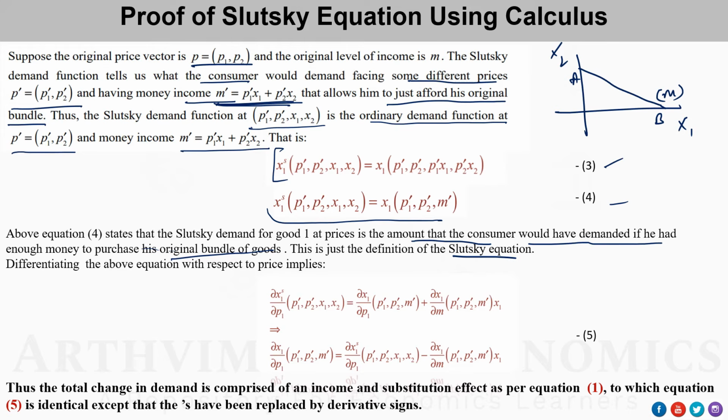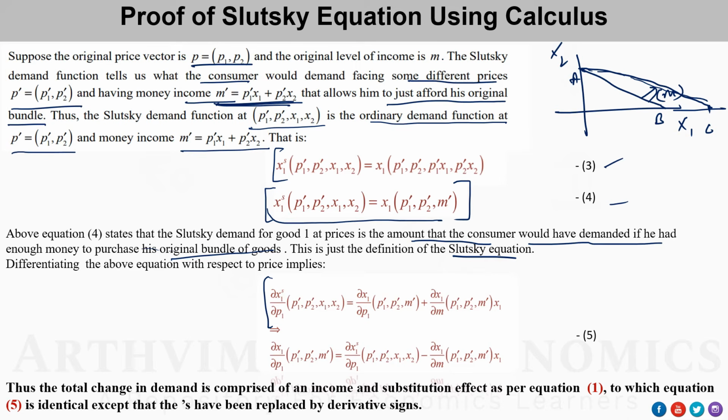But what about the expression? We are interested in the proof part. What we simply have to do is take the derivative of this expression with respect to price. So what we get is del x1s over del p1, which implies the change in the price of good 1, like your budget line rotating outward to some point like AC.